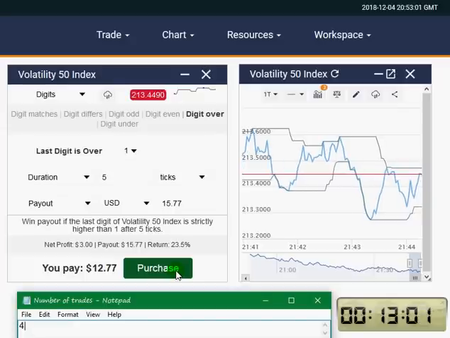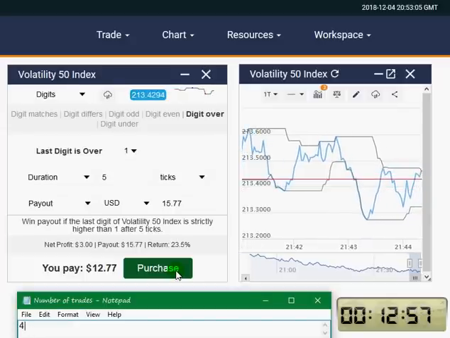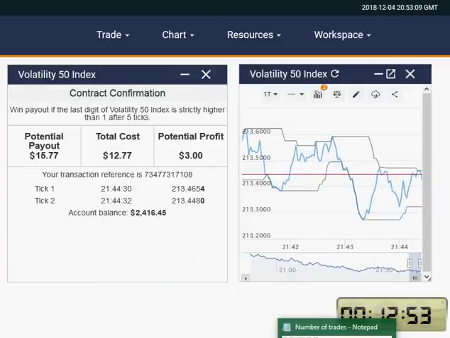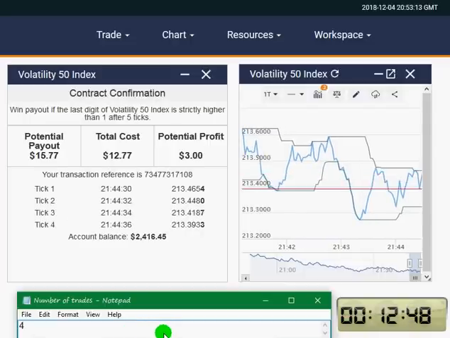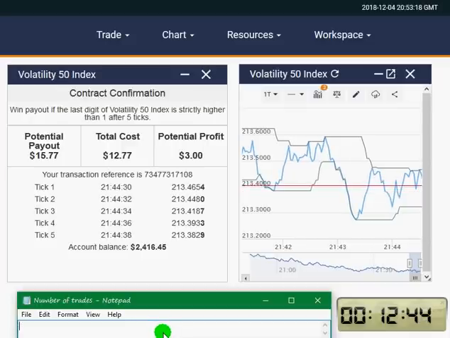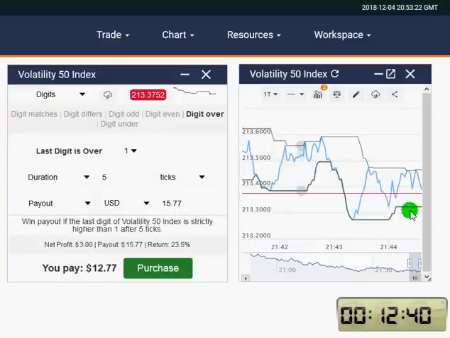Okay, that's our fourth trade. As you can see, we won the trade. So I'm going to change this to 5 again. Then I close this and I wait again.